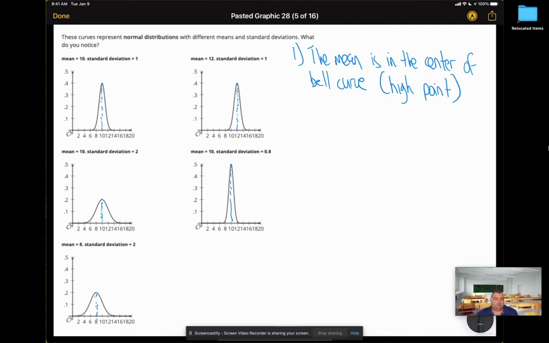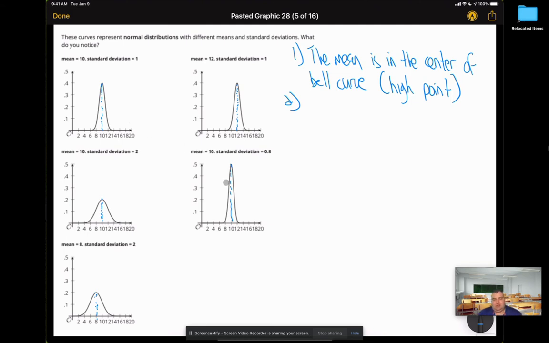The next thing I want to call your attention to is that because a normal distribution is symmetric, and we know the mean is in the center, I can fold it over itself. So roughly half the data is going to be larger than the average, and roughly half the data is going to be less than the mean.